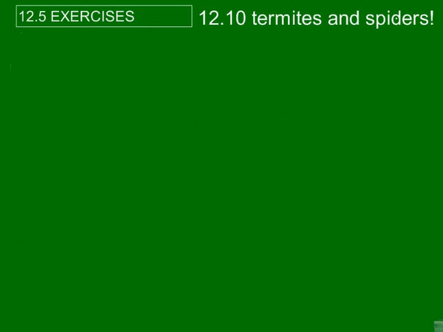And so here we go. I've got S0 b to the x is my general function for the spiders. Now, if I can figure out how many spiders there are on day 8, then I'll be in business.